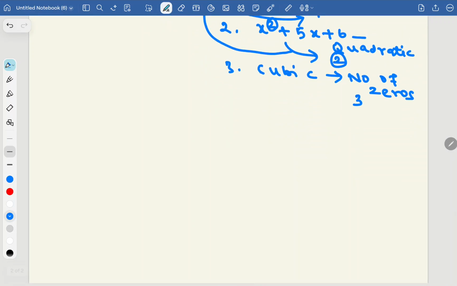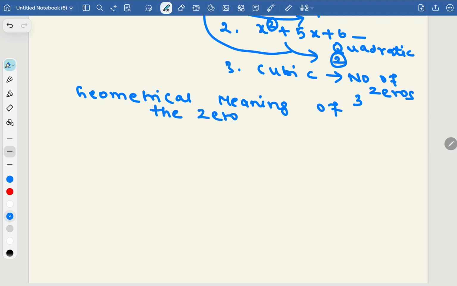Now, the geometrical meaning of the zeros of polynomial p of x.